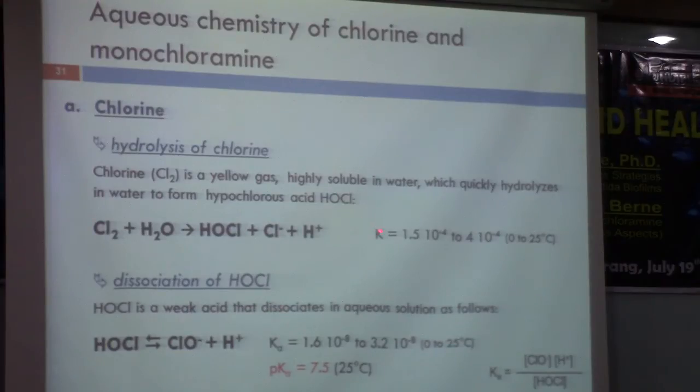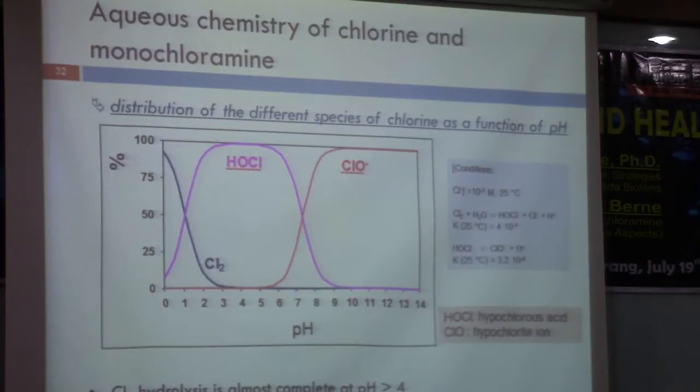So there is an equilibrium constant which allows us to calculate the distribution of the different forms of chlorine in water in the pH range of water treatment. So you can see in this graph that chlorine as dissolved Cl2 is not present above pH 4, for example.